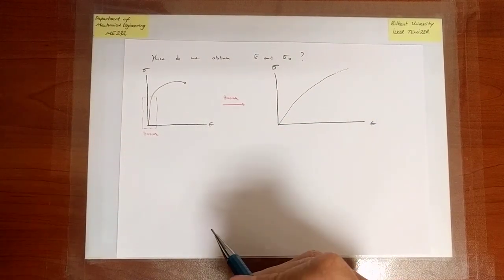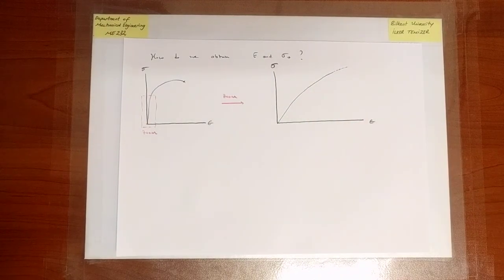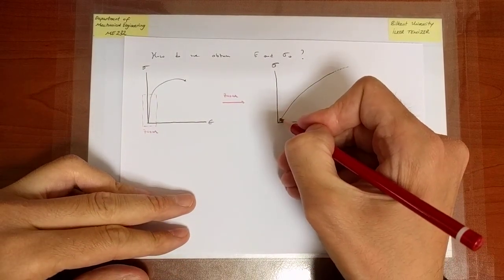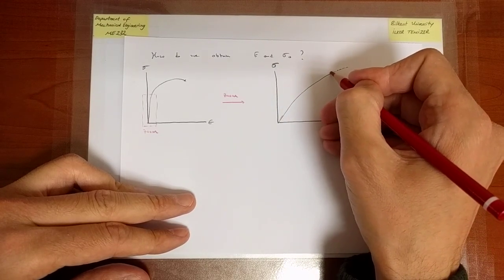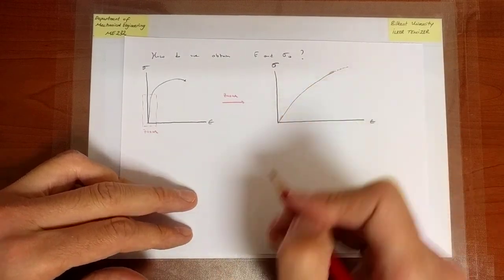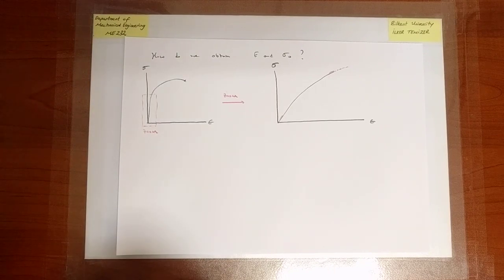Now, that's the curve. There is a clear elastic region, and there is a clear deviation from that slope, and somewhere in between the plasticity must have started, right? So the question is, what is the Young's modulus, and what is that yield strength, the onset, the stress at which plasticity starts?